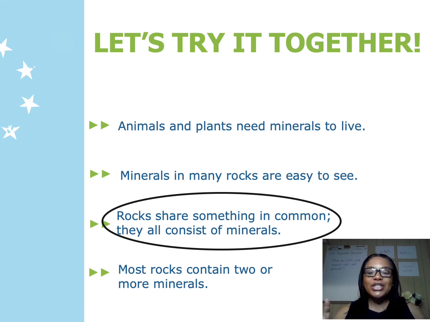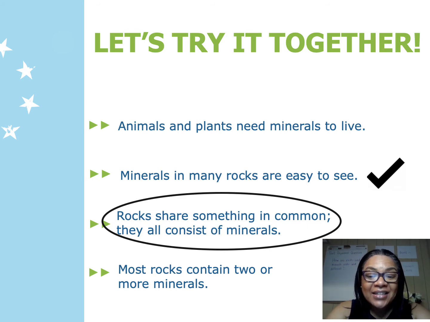So, which 2 sentences did you select that connect to our topic sentence, which is rocks share something in common? They all consist of minerals. Think about it. Did you put a check mark next to the second and the last sentence?